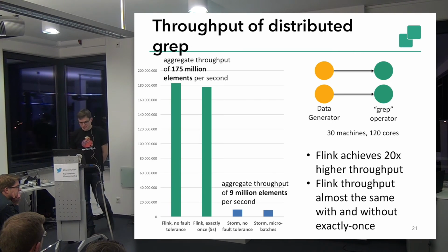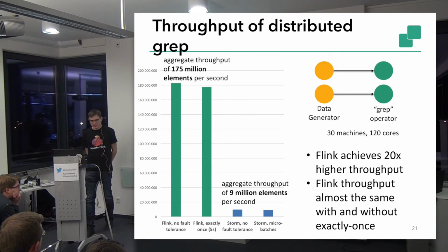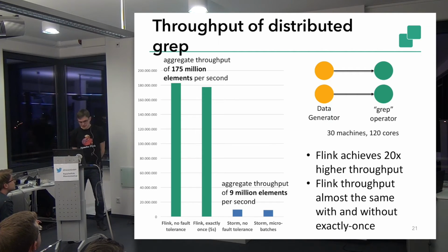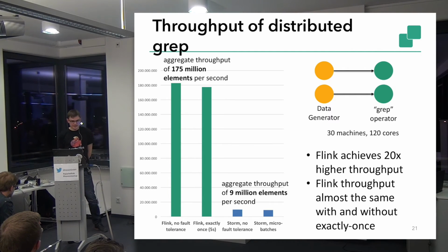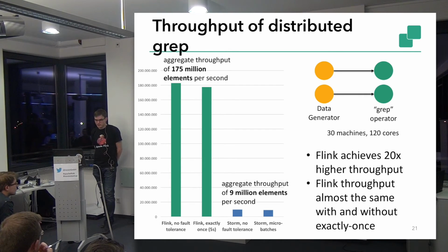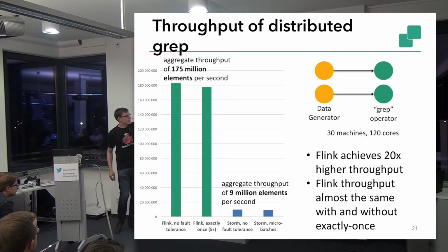Somebody asked before the talk for some performance numbers, and we measured Flink mainly against Storm to see where we are standing. And this is a very simple benchmark which doesn't involve any network transfers, so we just generate data.